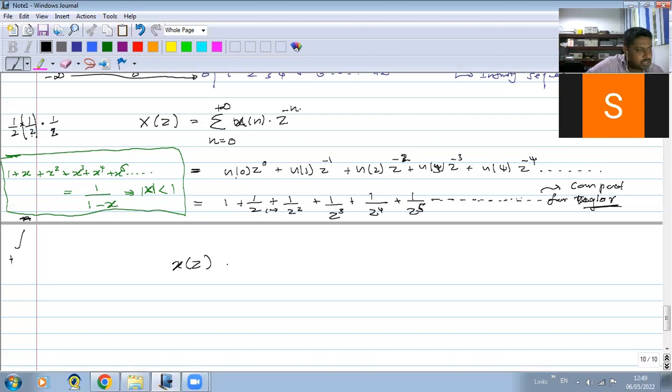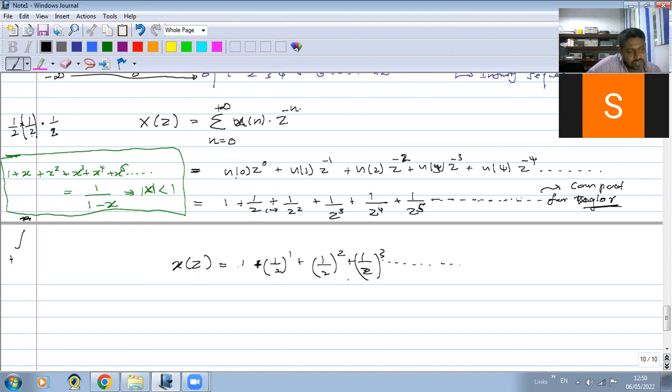So here you have X(z). I can write this like this: 1 plus 1 by z, 1 by z squared, 1 by z cubed, and so on. If any student couldn't understand this step, you can ask me, because these are very basic mathematics things and sometimes I skip steps.